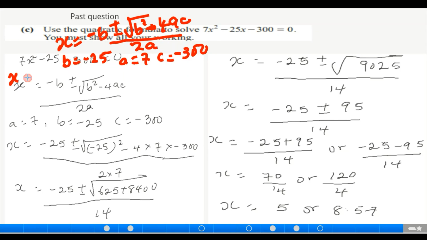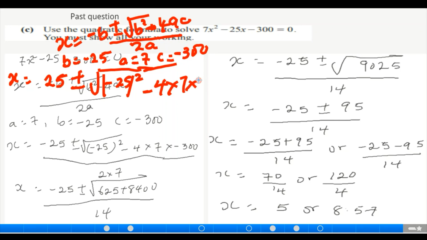So we have x equals minus, and minus of minus 25 gives us plus 25. Then plus or minus the square root of minus 25, everything squared, minus 4 multiplied by 7, which is a, multiplied by minus 300, all divided by 2 multiplied by 7.